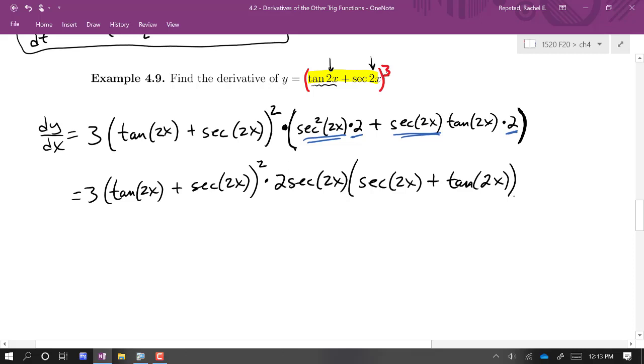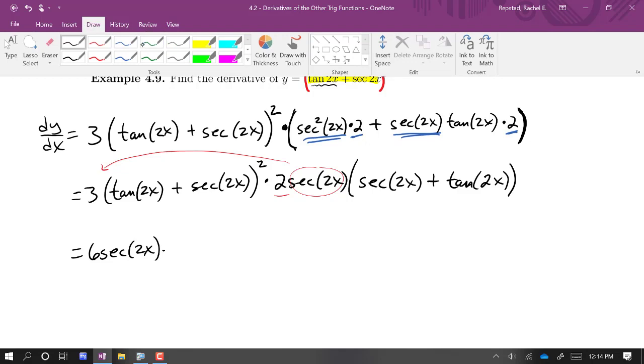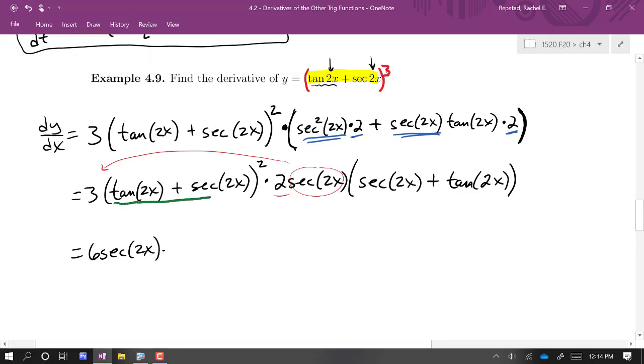All right, we've got a little bit more that we can do. I'm going to throw this secant, in fact also the factor of 2, out in front. So we have a coefficient of 6 and then a factor of secant 2x times, and now if you look at this, tan 2x plus secant 2x, that's equal to secant 2x plus tan 2x.